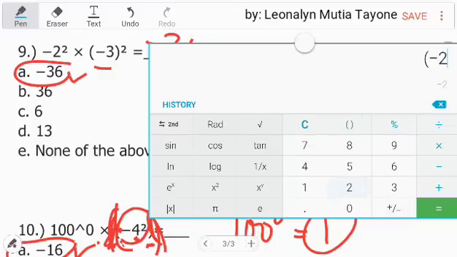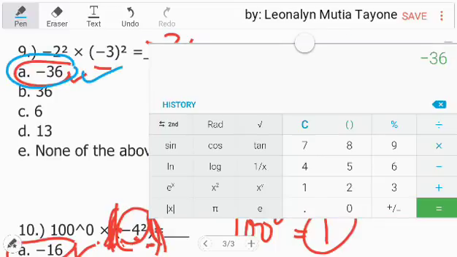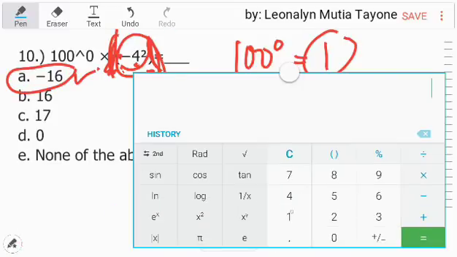Negative 2 raised to 2, times negative 3 raised to 2. Let us delete the unnecessary or automatic parentheses here so that it is the same as our given. So, the answer here is negative 36. Letter A. Correct.